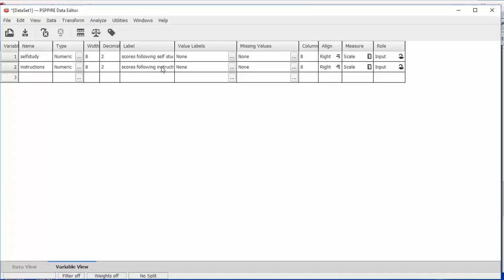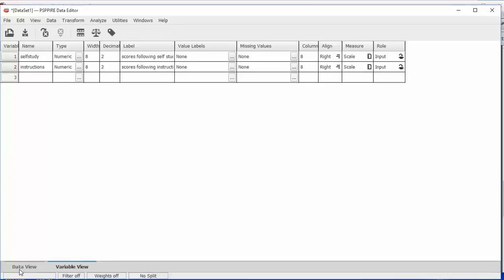The next thing to look out for is your measure. Here, both variables are scale variables. That is, performance following self-study is a scale variable, and performance following instructions is a scale variable. So that sets up my PSPP for analysis.